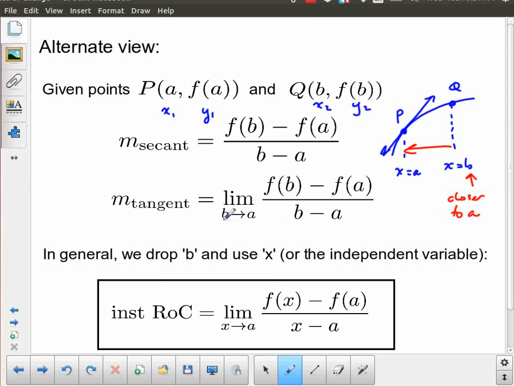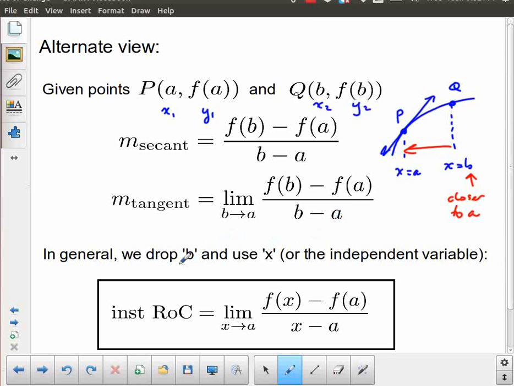And so that's what I'm saying here. It is the limit as the x-coordinate b gets closer to a. And if b is approaching a, then b minus a is approaching 0. And that is exactly the same as when we have h in the denominator and we say h approaches 0.